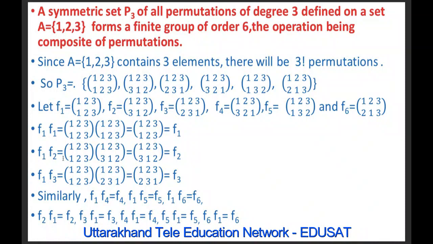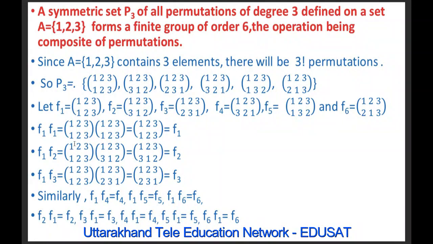Now for F1 and F2. Here F1 is 1, 2, 3 in the first row and 1, 2, 3 in the second row, and F2 is 1, 2, 3 in the first row and 3, 1, 2 in the second row. Here first we will carry out the operations given in F1, then the operations given in F2.